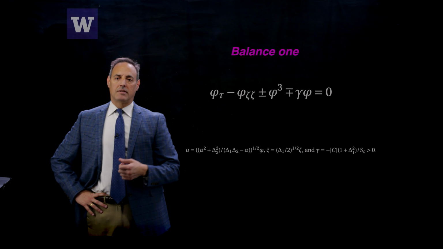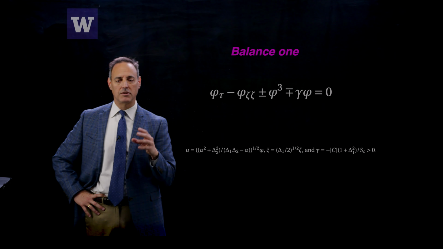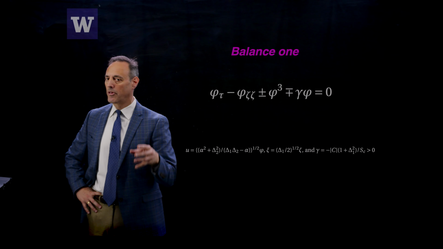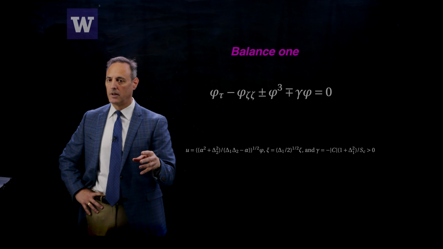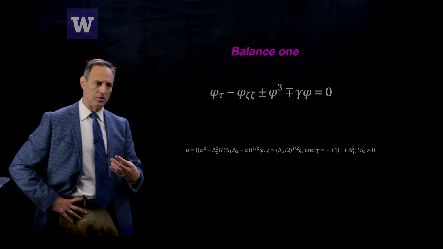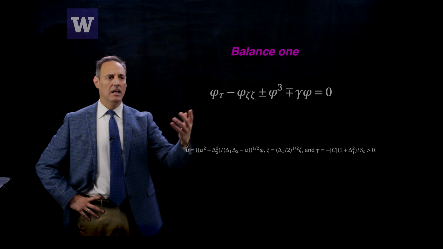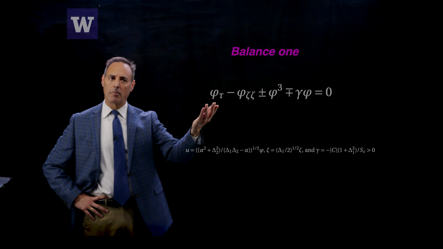Now you say, well, if I know what the null space is of the adjoint operator, that means that the right-hand side forcing term has to be orthogonal to it. And that orthogonality condition is what's going to give us, what I'm going to show you, 3 different balances. And it all depends on how you pick the parameters delta 1 and delta 2. So for instance here, the first balance is the easiest balance, and it comes out to be some kind of Fisher-Kolmogorov equation.